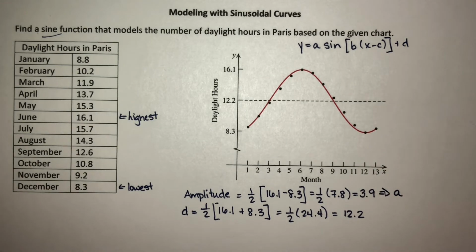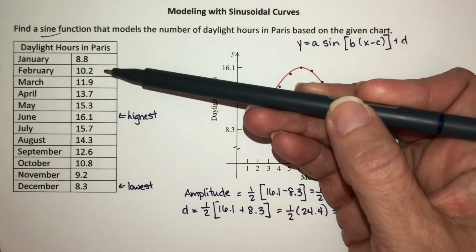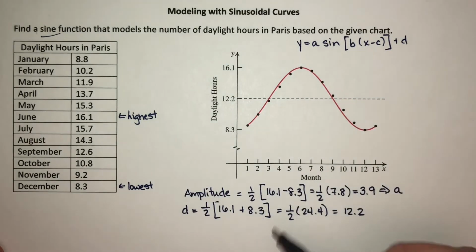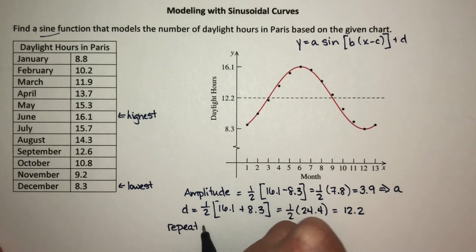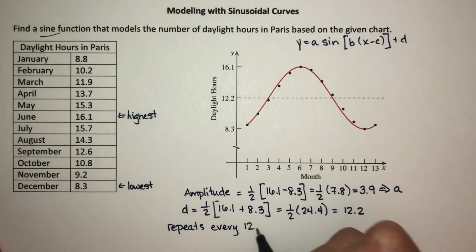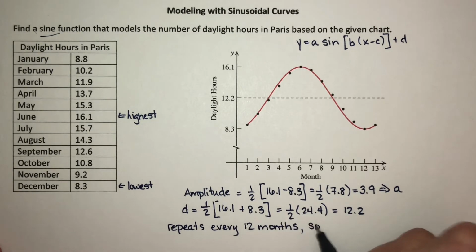Now, our B value we can find from the period. If this is true for every January, February, March, and so on, this repeats every year. So this repeats every 12 months, so the period is equal to 12.